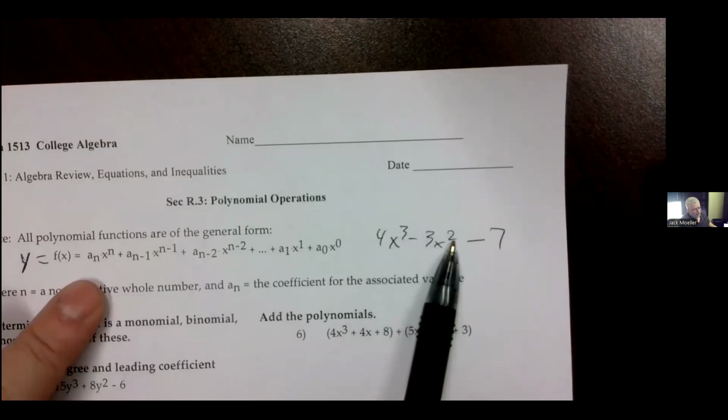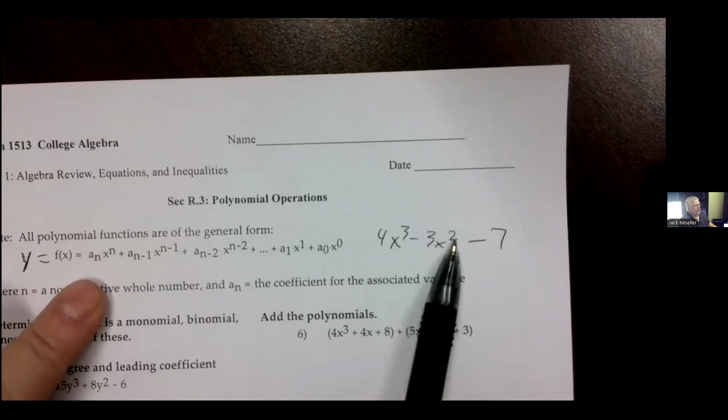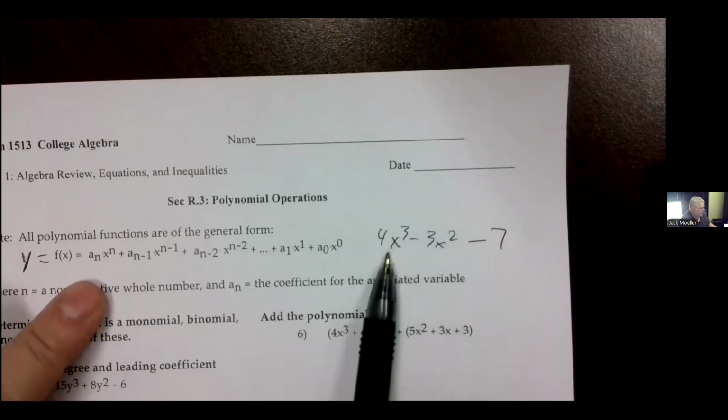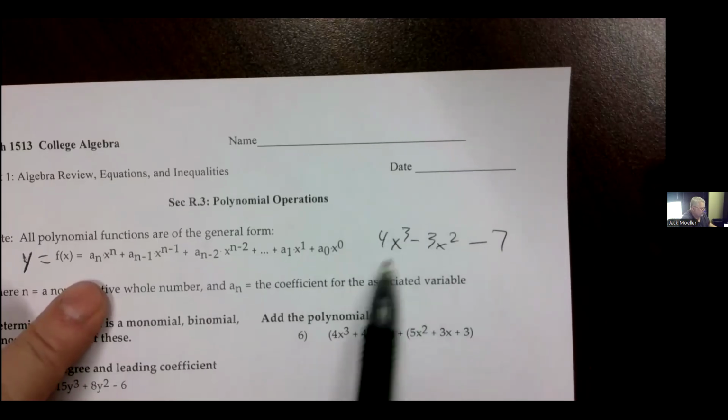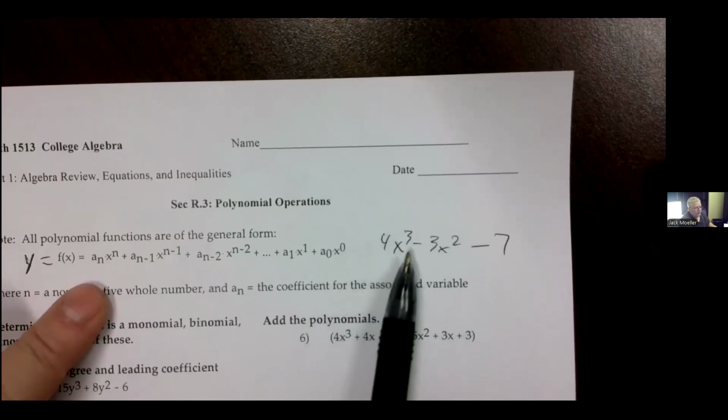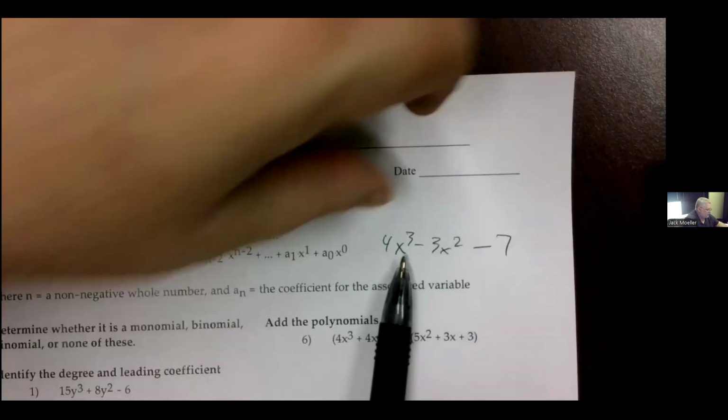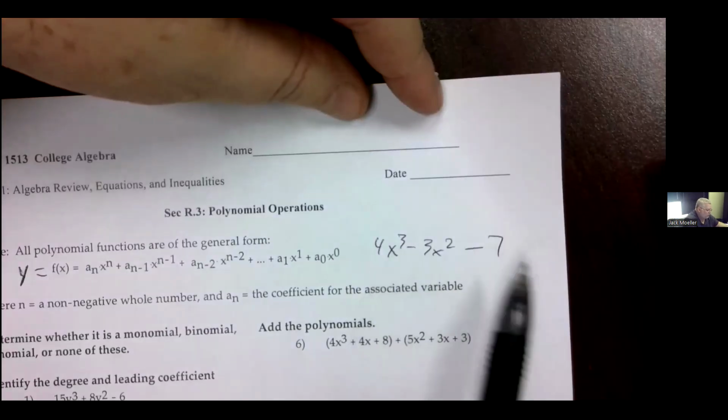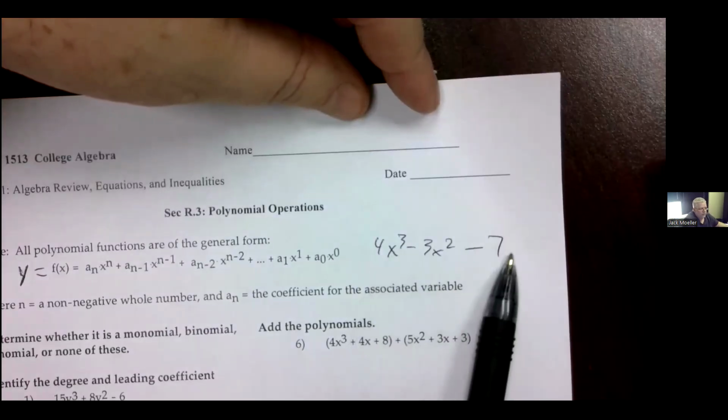We can't have any negative exponents. We can't have fractional exponents. We can't do things like divide by x or take the square root of x. We need a bunch of terms that are added or subtracted, where the exponent on each variable has to be a positive whole number. Or in this case, with the minus 7, there is no variable.